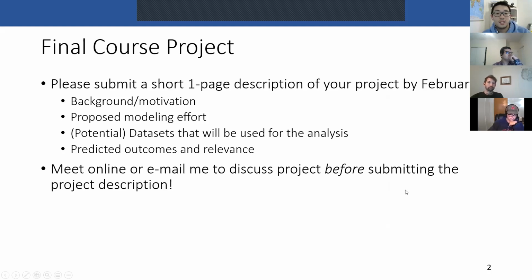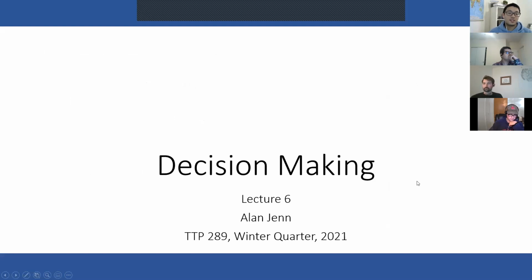Okay, so the topic we'll be talking about today is decision making. This is actually what the bulk of the homework will be based around. But this is a nice introduction to a framework that you can use to make a particular decision based on some kind of rational behavior.